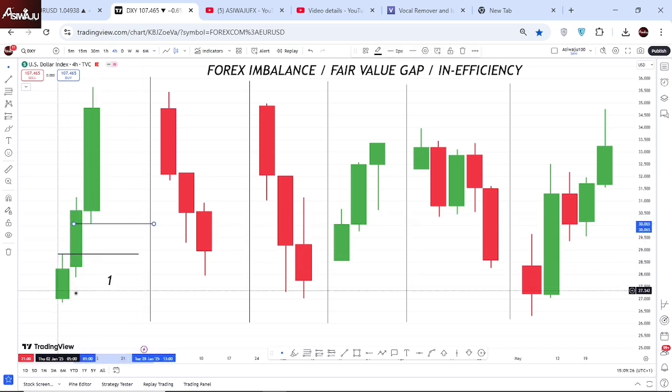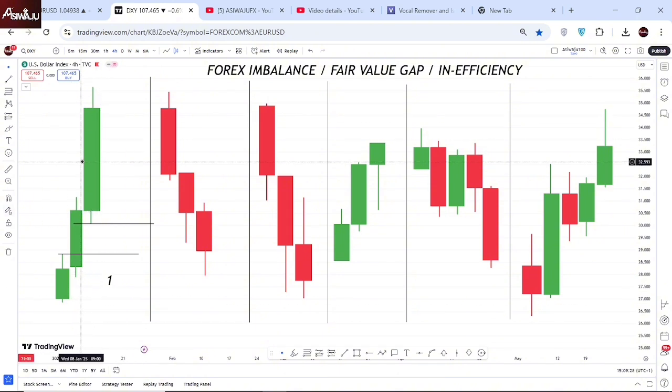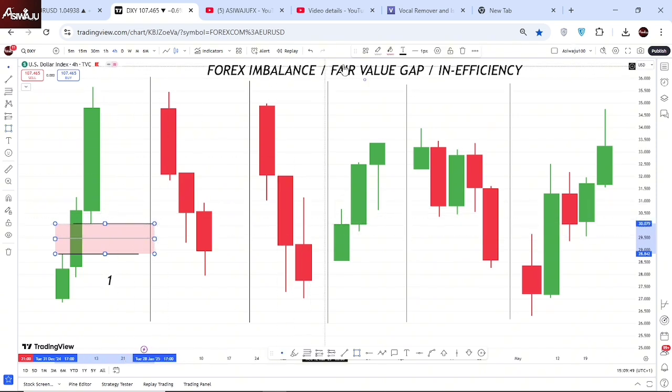Within this tail candle, the low of this wick and the high of this wick are not doing what? They are not mitigating. This low did not mitigate the previous candle's high here. This candle does not mitigate. So this is what we refer to as imbalance in the market.